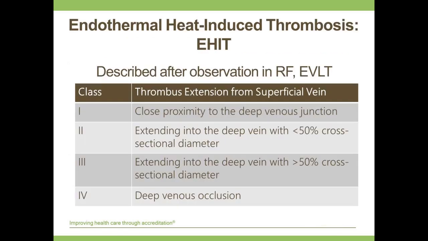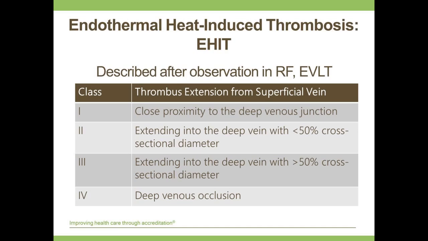The first complication that I want to talk about is endothermal heat-induced thrombosis, or EHIT. This is a complication that was described after thermal ablation was initiated. It is a new complication that really only pertains to thermal ablation and now is actually used to talk about thermal and non-thermal ablation, although technically it can only happen with thermal ablation, as the name suggests.